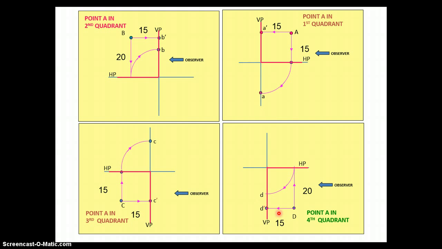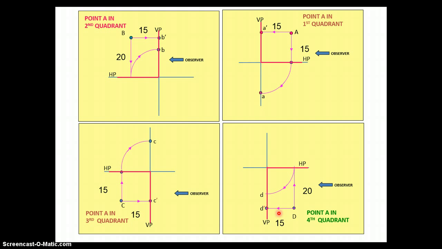Then this is the top view direction, so point D is rotated in clockwise direction along the horizontal reference plane. As we know, the horizontal reference plane is not visible from the blue arrow direction, so to make it visible, the horizontal reference plane along with the point D is rotated in clockwise direction, so point D and D dash lie below the reference line.